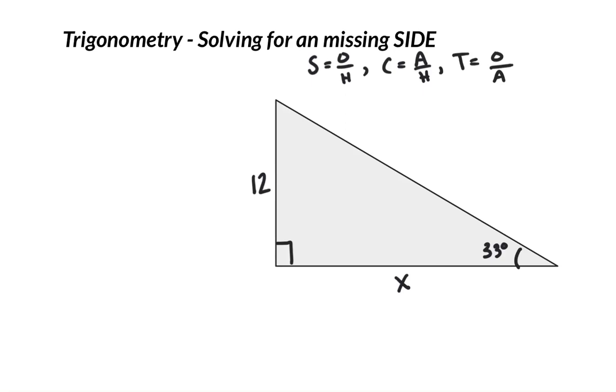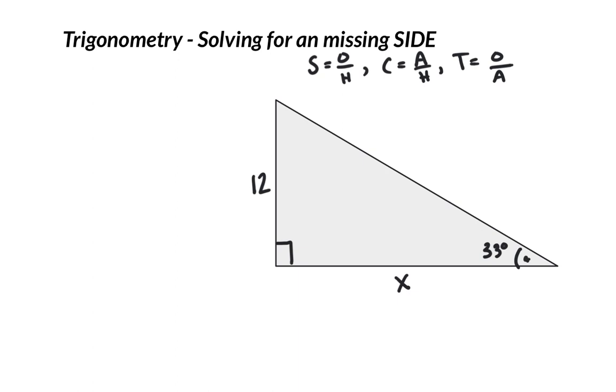In this video, let's finish off some problems and look at how to solve for a side. You should always just remember SOH CAH TOA: sine, opposite, hypotenuse; cosine, adjacent, hypotenuse; tangent, opposite, adjacent. The first thing you should always do is ask, what angle was I given?